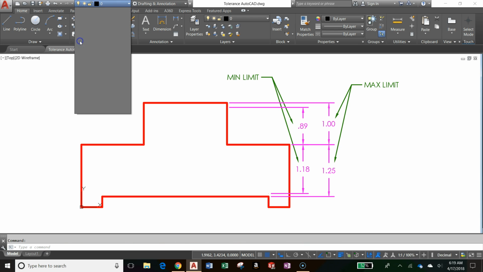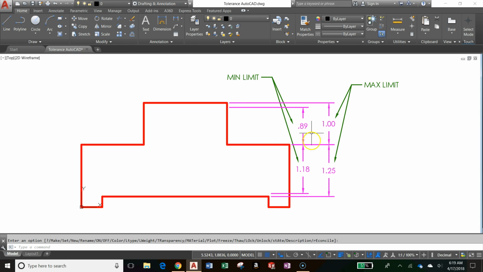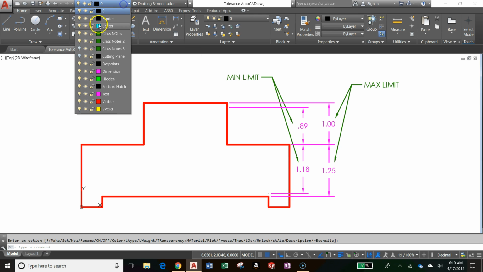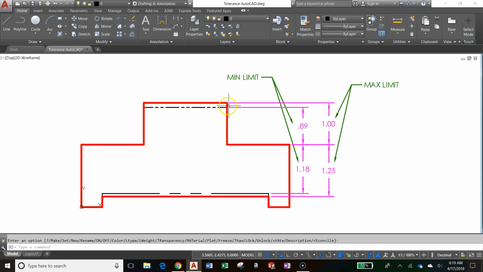Let me reiterate with a note. These two dimensions are the minimum limit. These are the maximums. These are the minimums. And what that variation would look like is this size right here would be allowed to be this much smaller, up to the minimum limit.